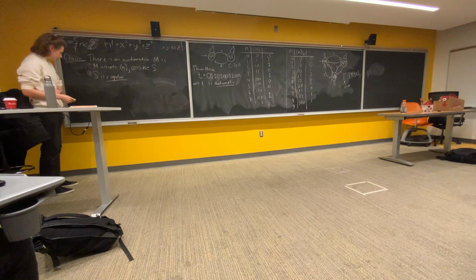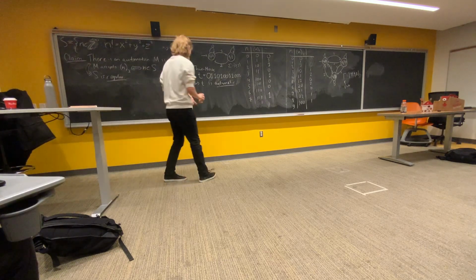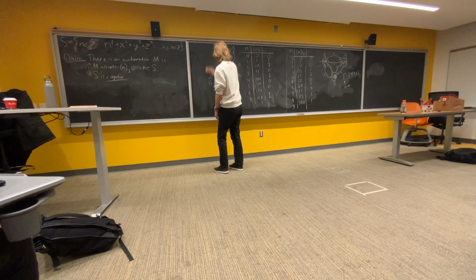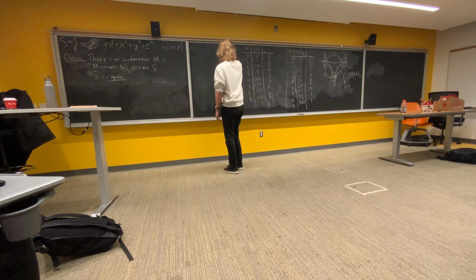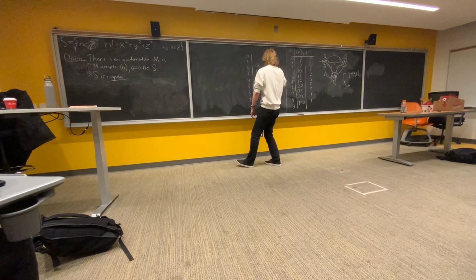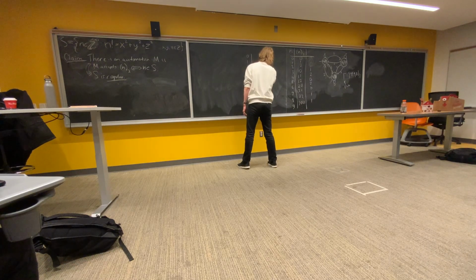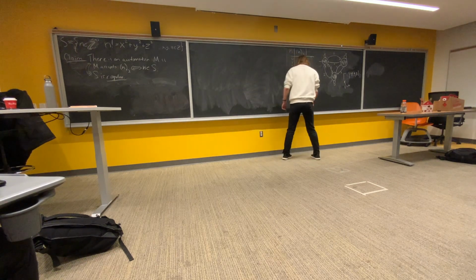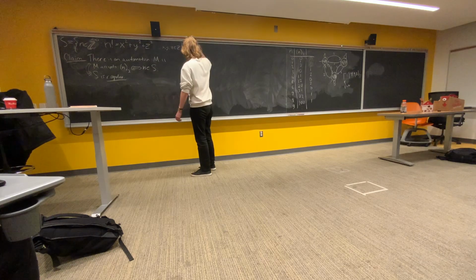Now, how do we show this? Well, let's first look at a simpler problem, and then define another structure to help us. All right, so let's look at the set S3.